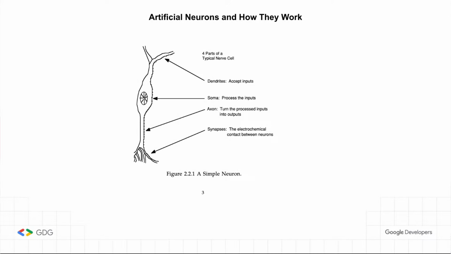As you see here in the picture of a simple neuron, the dendrites above accept inputs. The soma processes the inputs. The axon turns the processed inputs into outputs. And the synapse is the electrochemical contact between neurons.